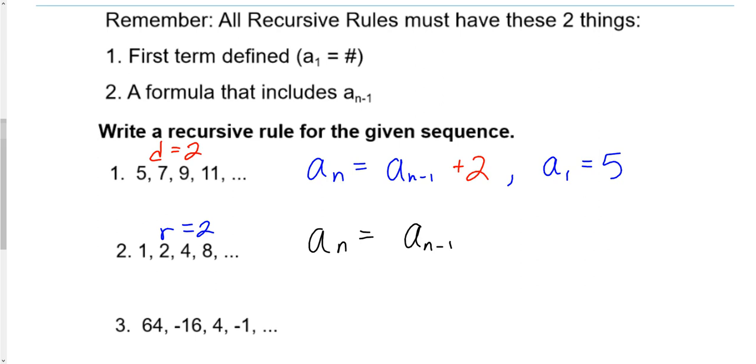Geometric takes the r and just puts it in the front. So that right there, that's the formula. Now all we have to do is define the first term. We tell everyone we need to start this pattern from 1. That's how you write it.